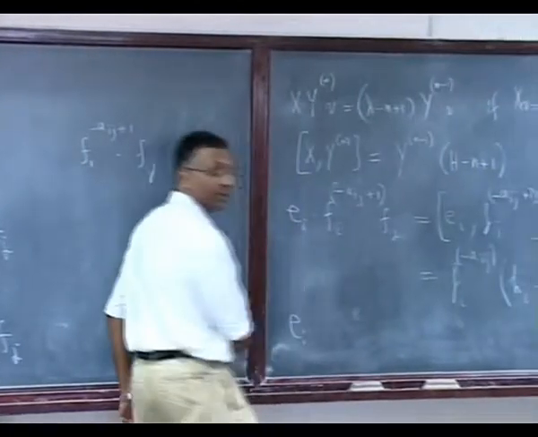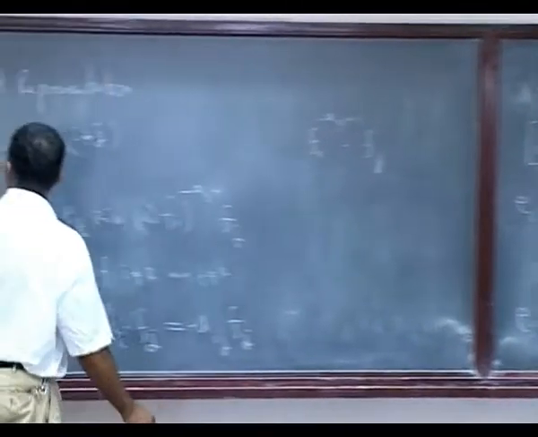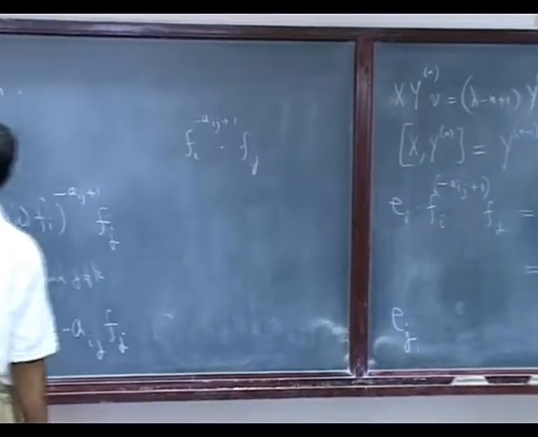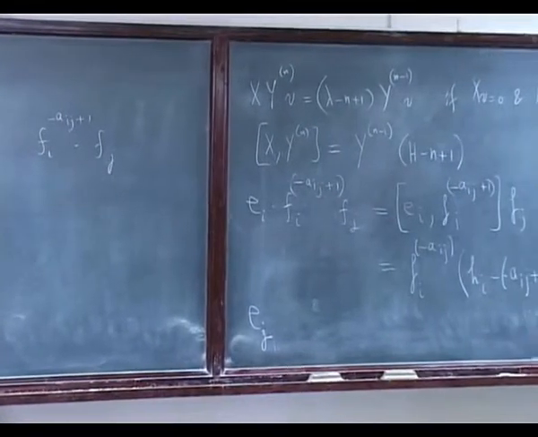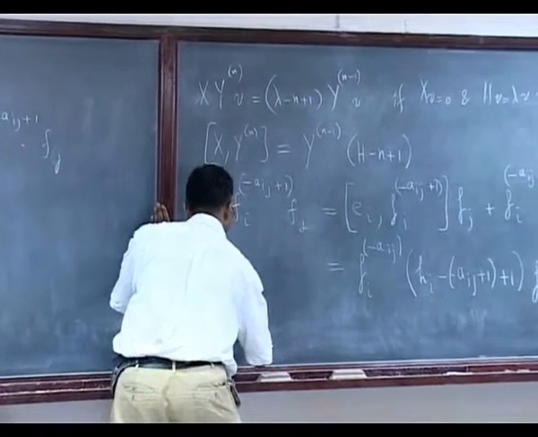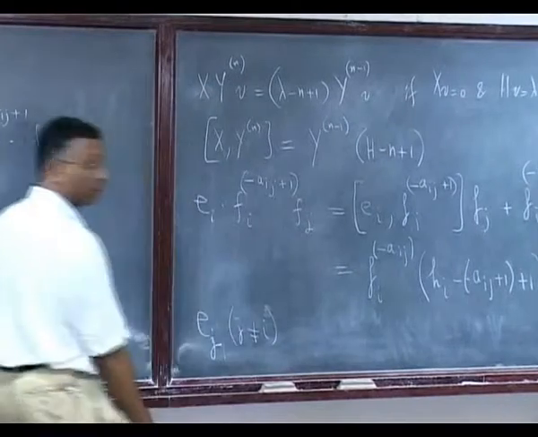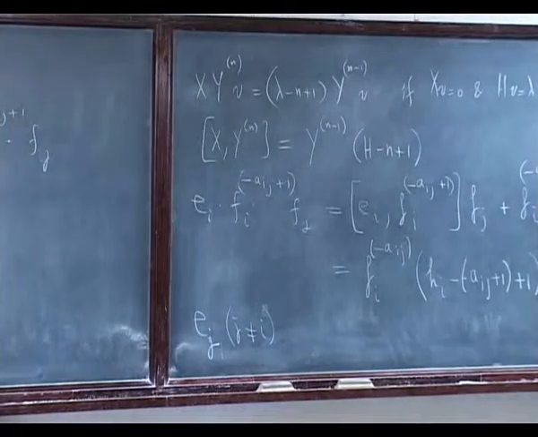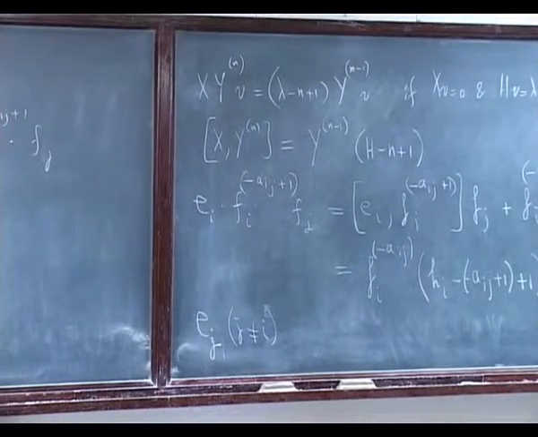Let's try EI, EJ, okay. EJ, that's an interesting calculation. So EJ, J is not equal to I. Okay. Now what happens? The EJ goes through this.